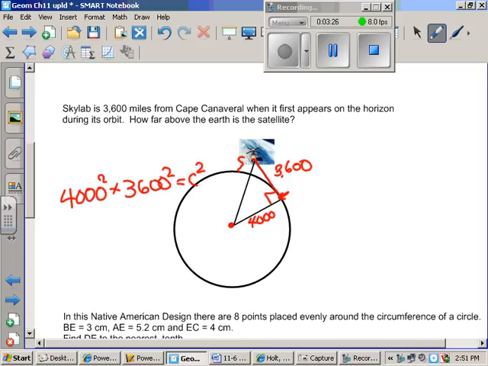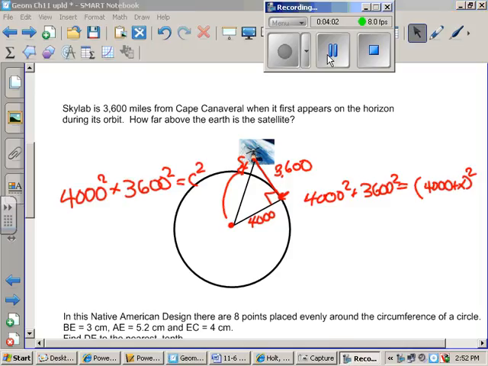I think it's easier to do it this way. But if you want, you can say 4,000 squared plus 3,600 squared is equal to 4,000 plus x, squared, and solve for the distance we're looking for. Either way works.